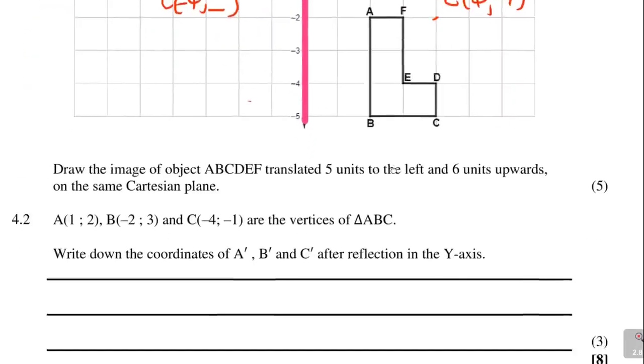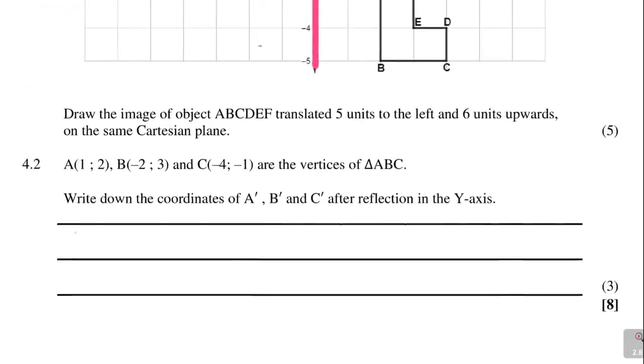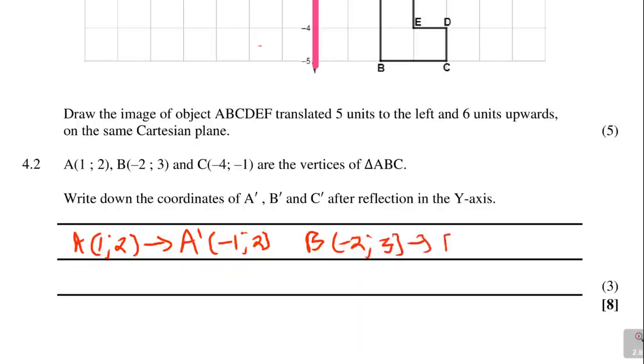So now what do you do when you are writing it? You just focus on A, 1, 2, they said write down. It becomes A, you just change it to minus 1, 2. And then B, minus 2, 3, it becomes what? B, you focus on the x-axis. When you reflect along the y-axis, you change the x value only.